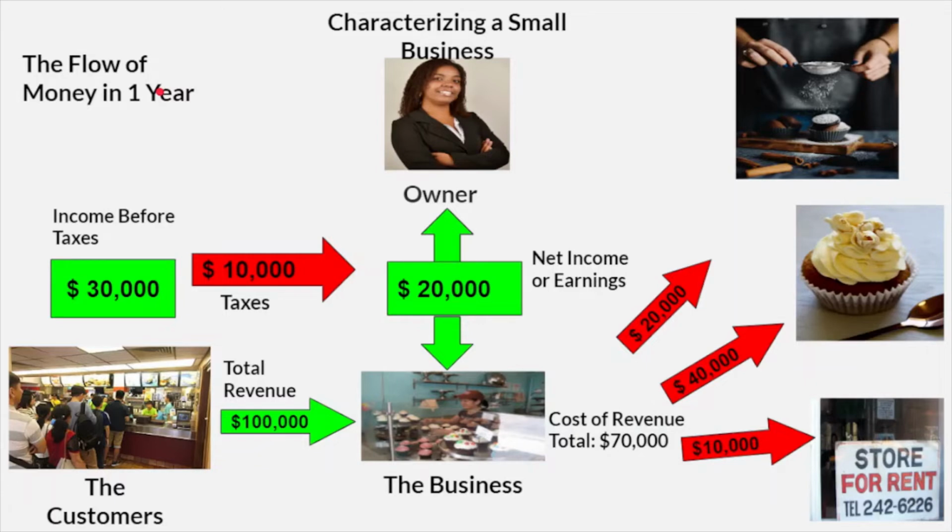In the last video, when we broke Lisa's cupcake shop down for the one year and figured what it was worth from the income statement, we saw that her shop had made $20,000 in net income and earnings after she paid all her bills and taxes.